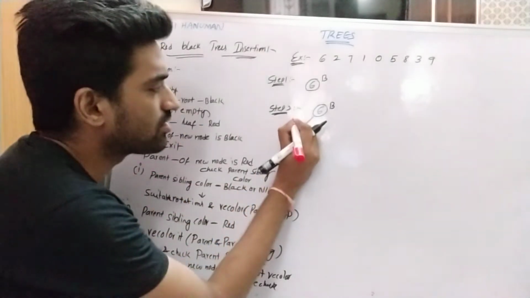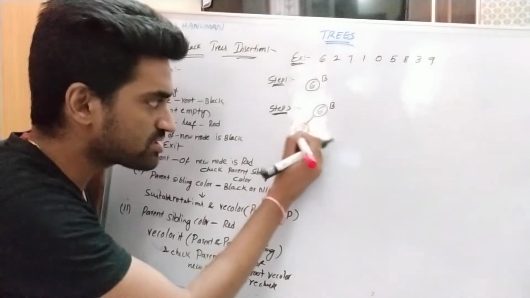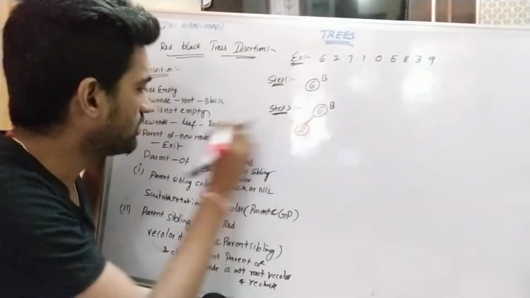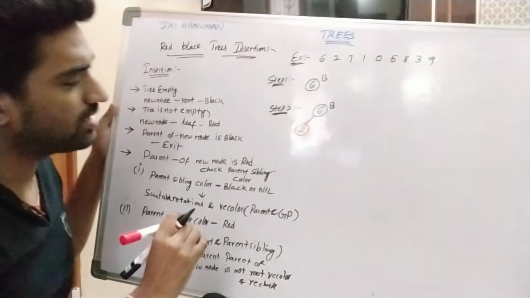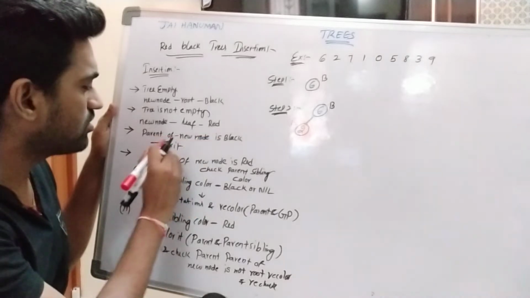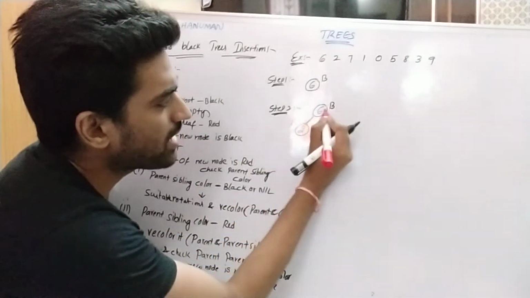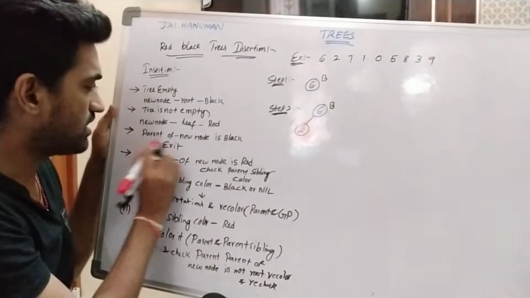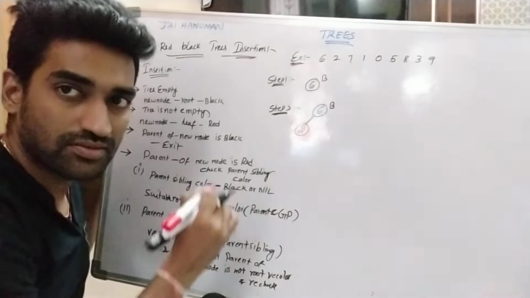Here the tree is not empty, 6 is there, and I am inserting a new node. That new node must be labeled as a red node, right? The parent of the new node is black, so exit. Now this is a red-black tree. Why?